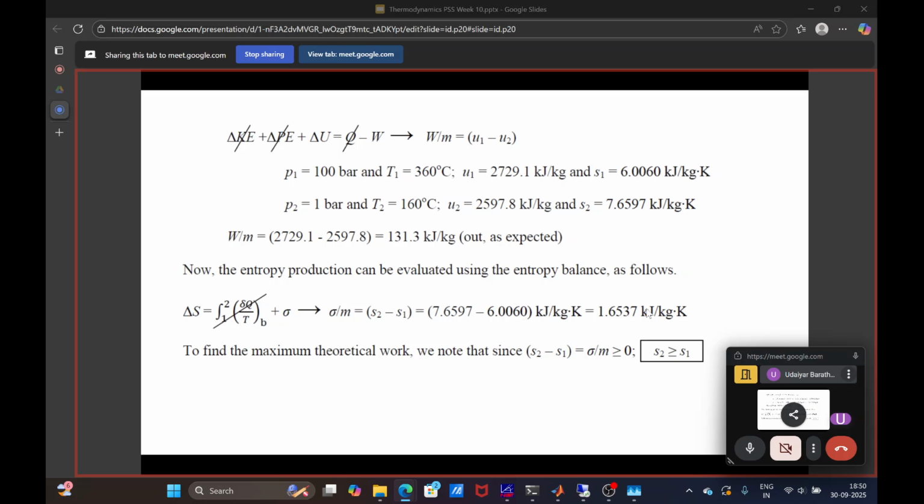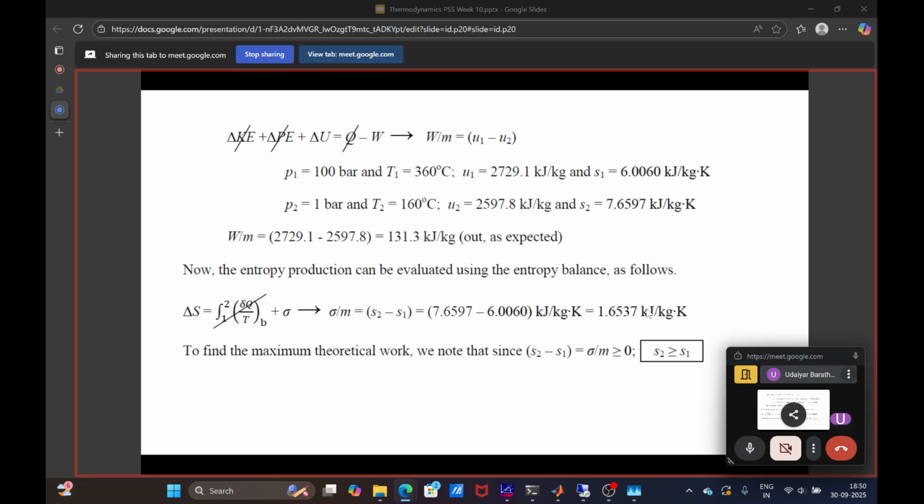Even if it is fully insulated, there will be friction and other phenomena happening inside the turbines and compressors, which will add to irreversibilities. So part of the power which is generated will have to be used to overcome these frictions.